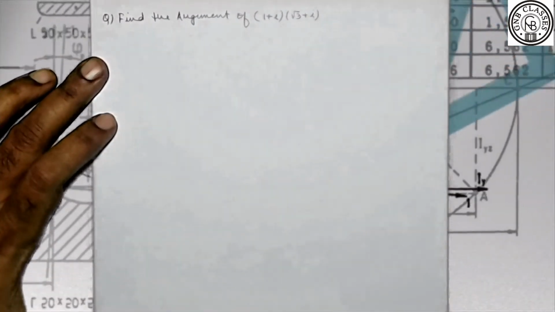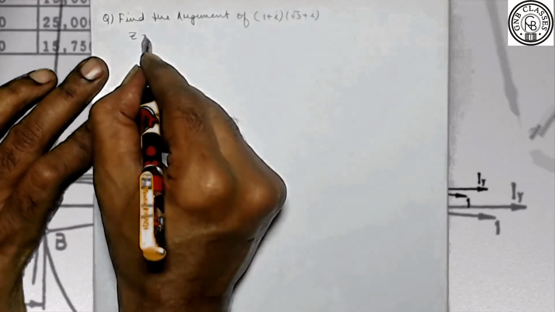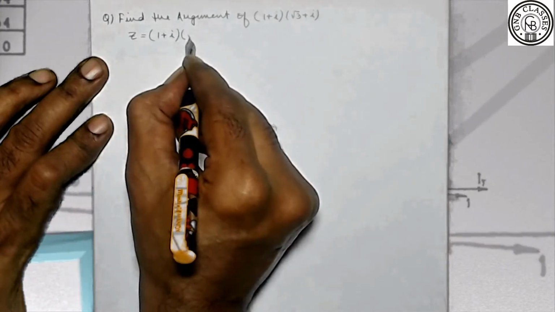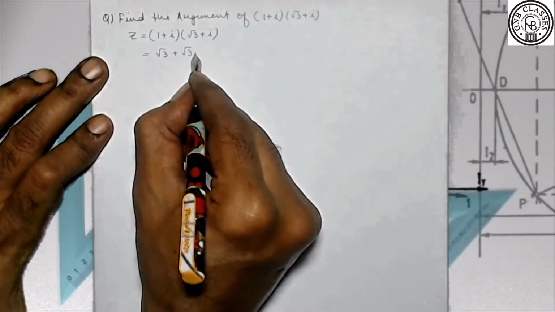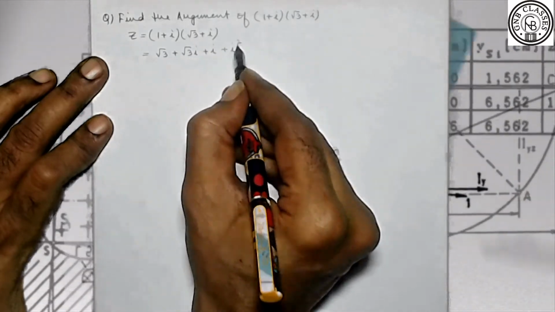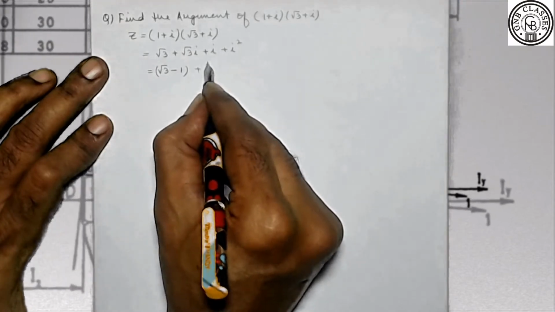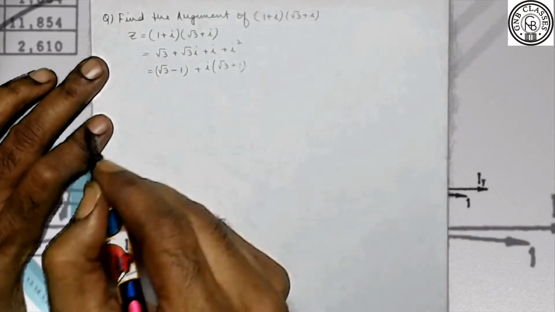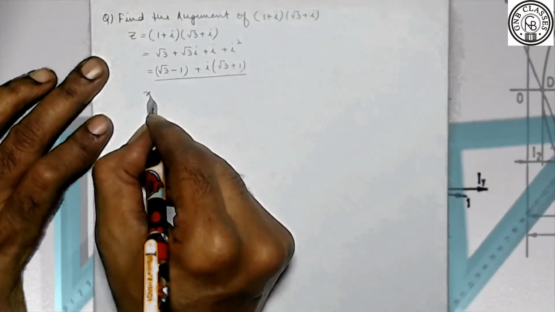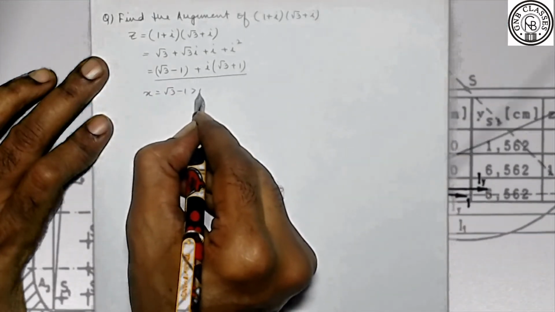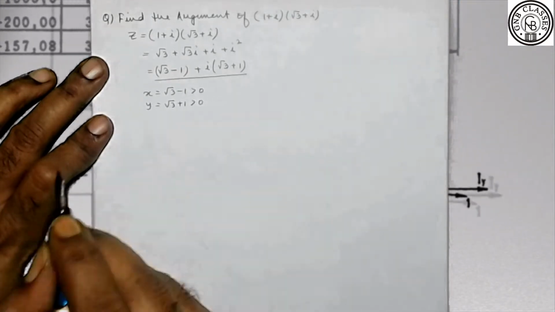The question is, find the argument of (1 plus iota) into (root 3 plus iota). Let me denote the complex number by z. If I multiply, we are going to have iota square is minus 1, so it is coming to root 3 minus 1 plus iota (root 3 plus 1). Here, this is in the form of x plus iota y. Here, x is root 3 minus 1, which is greater than 0. Y is root 3 plus 1. Again, this is greater than 0.